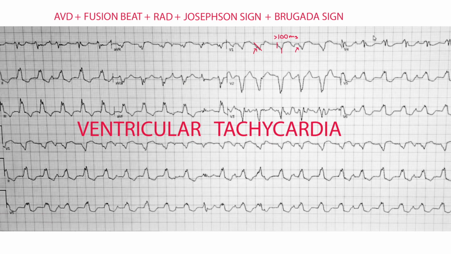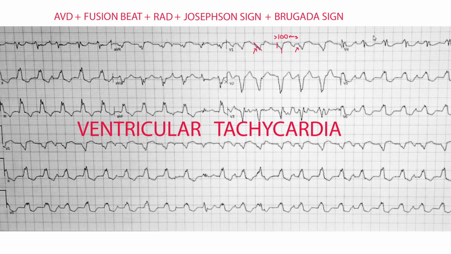Now, why am I talking about that? Ventricular tachycardia is an extremely complex topic. The more information you can pull off of a single ECG, the more confidently you'll be able to say to yourself and to everybody else around you that yes, indeed, this is ventricular tachycardia, and this is the reason why.